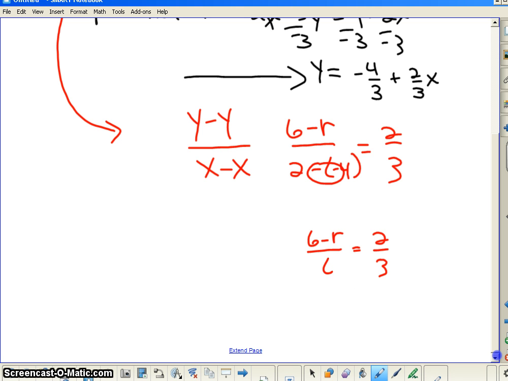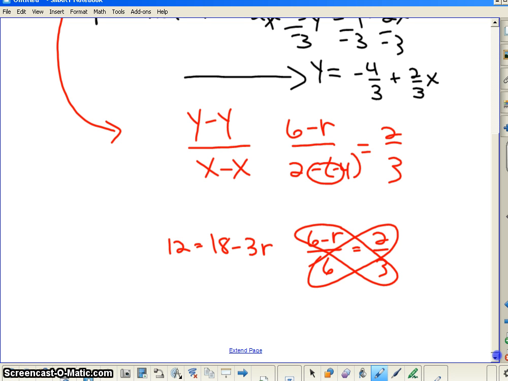Okay, so 6. All right, so to solve for r, any ideas before I show you? Yeah. Cross multiply. 6 times 2 and 3 times the quantity 6 minus r. 18 minus, this is distributive property.